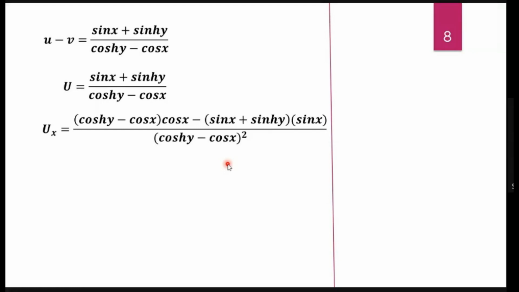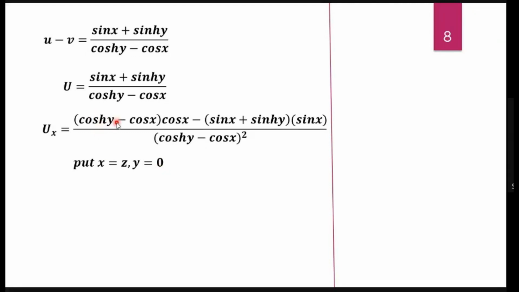Now putting x is equal to z, y equal to 0. What will remain in ux? Again cos h0, we know the value of cos h0 is 1 and the value of sin h0 is 0. So when I put y as 0, cos h0 will become 1.